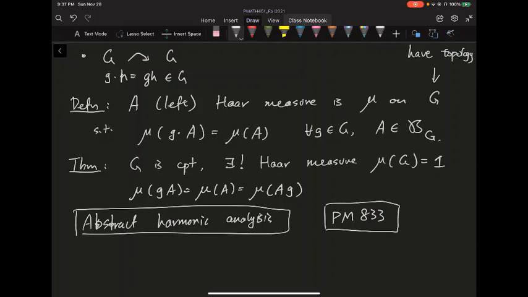If you've taken functional analysis already and you've taken this course, you're ready to take PMATH 833. It's a graduate course, so we're going to go over how to do these measures on these topological groups and study their structure and the operator algebras arising from there. So that's one interesting direction.